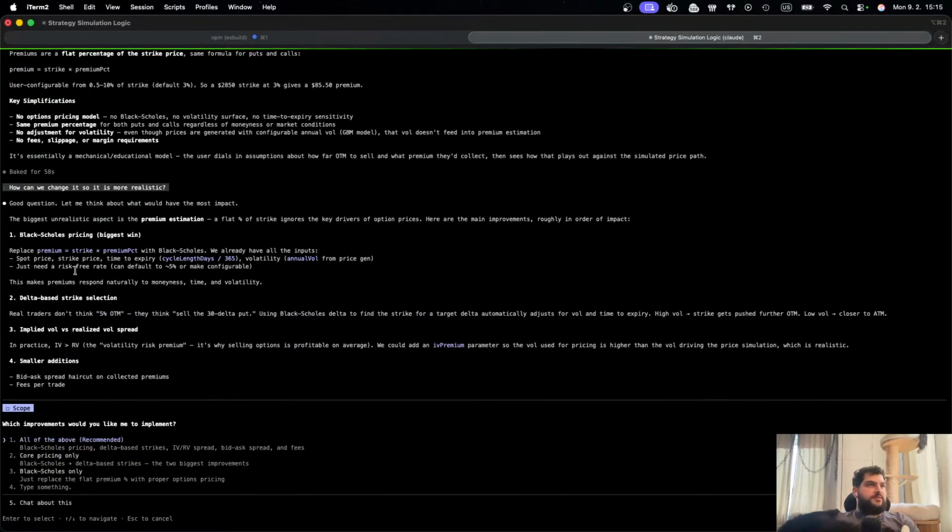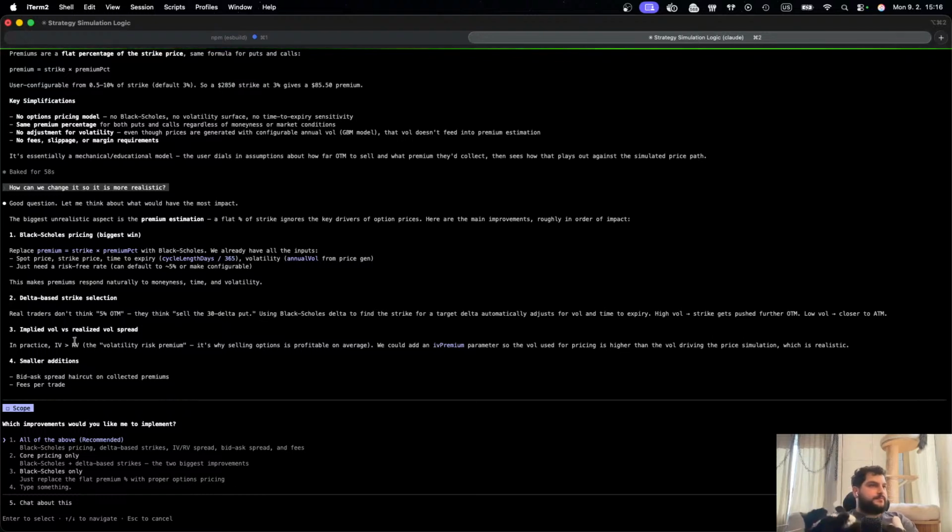The biggest unrealistic aspect is the premium estimation. The flat percentage of the strike ignores the key drivers of option prices. Here are the main improvements, roughly in order of impact. Black-Scholes pricing, the biggest win. Delta-based strike selection: real traders don't think in 5% out of the money, they sell a 30 delta put, using Black-Scholes delta to find a strike for a target.